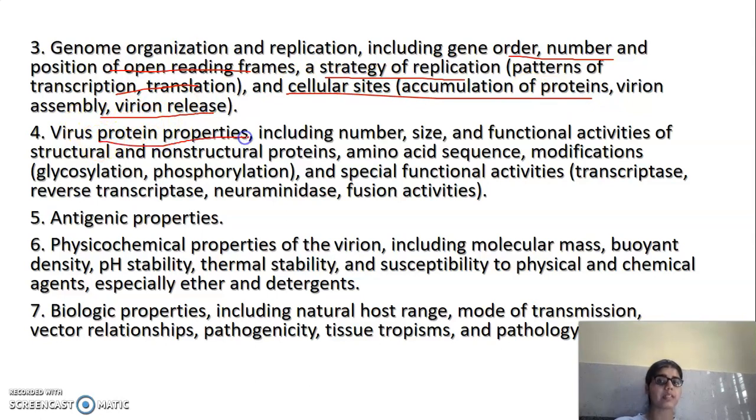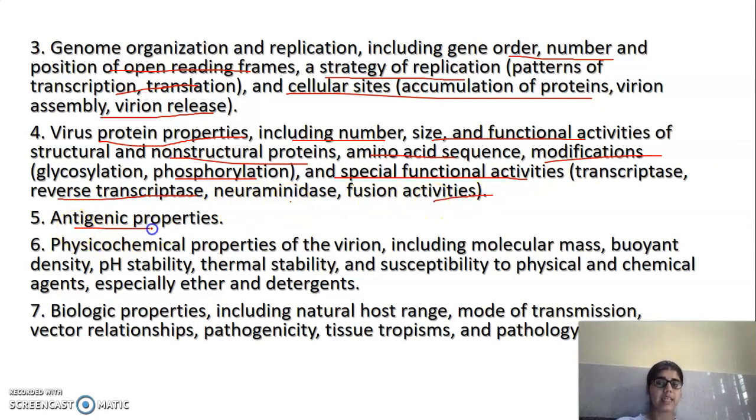Virus protein properties, including number, size and functional activities of structural and non-structural proteins, amino acid sequences, modifications, that is glycosylation and phosphorylation, and special functional activities, that is transcriptase, reverse transcriptase, neuraminidase and fusion activities.